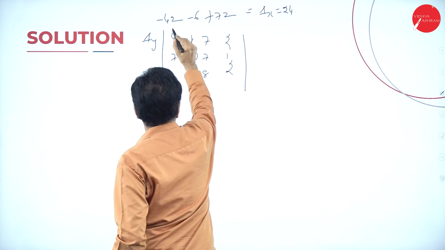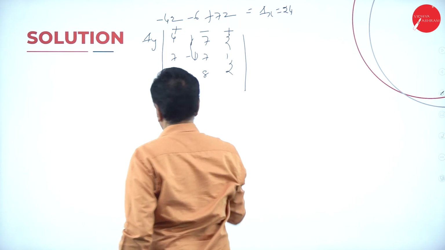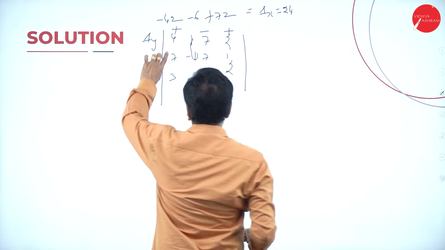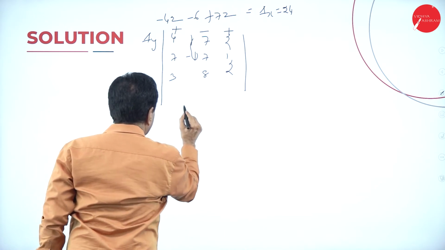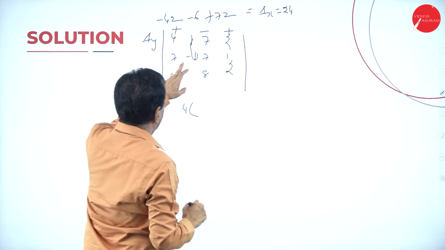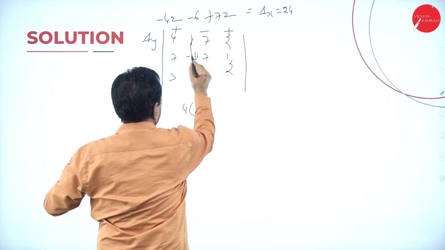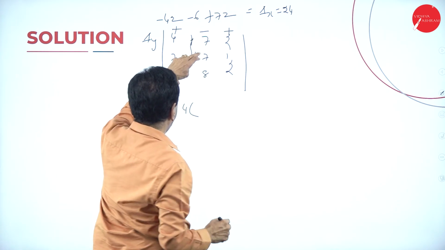Change over, plus, minus, plus. Slowly we can do. You take here 4 minus 7, cancel this. This is 7, 7, 8.